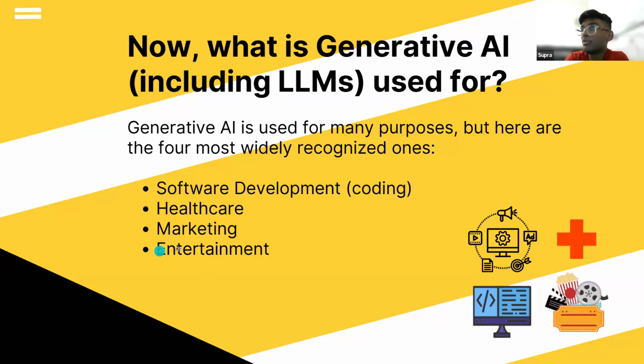And last but not least, we have entertainment. In entertainment, AI is used to recommend music, movies, and games based on what you like. Technically, this is also sort of marketing, but it's entertainment, so we can call it something different.